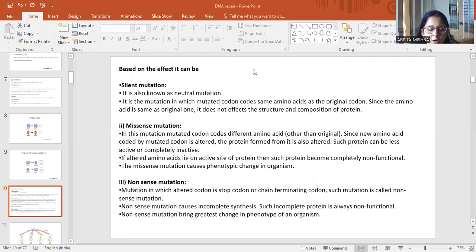The third one is nonsense mutation, a mutation in which the altered codon is a stop codon or chain terminating codon. Nonsense mutations cause incomplete synthesis, and an incomplete protein is always non-functional.